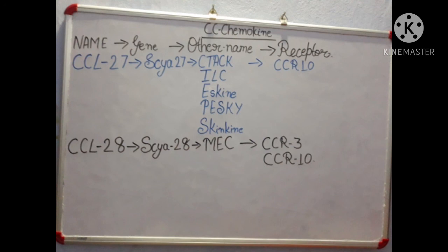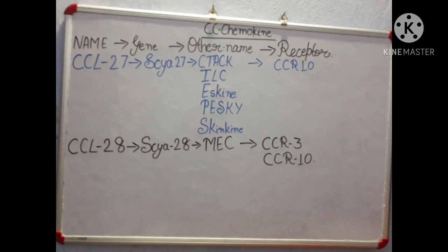In many chemokines, the other name contains MCP. It means monocyte chemoattractant protein. It is a type of chemoattractant protein which is divided into 4 or 5 groups or more than 5 groups also.